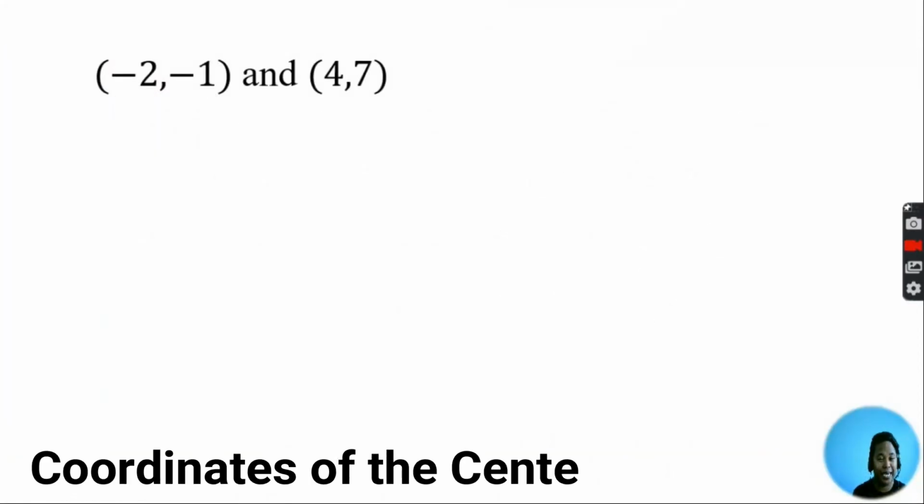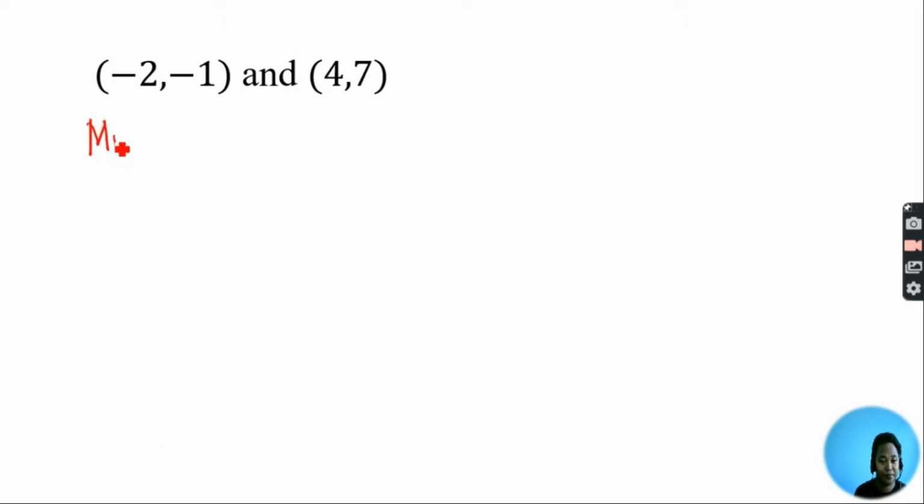Bago tayo mag-start, ang kailangan nating alamin is kung ano yung coordinates ng ating center. And we can find the coordinates of the center gamit yung ating midpoint formula. Ano nga ulit yung ating midpoint formula? Ito na po.